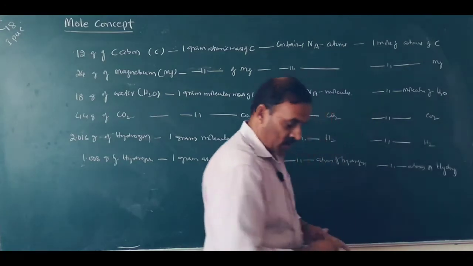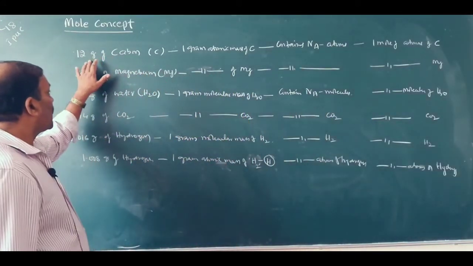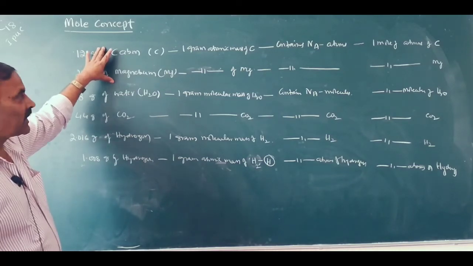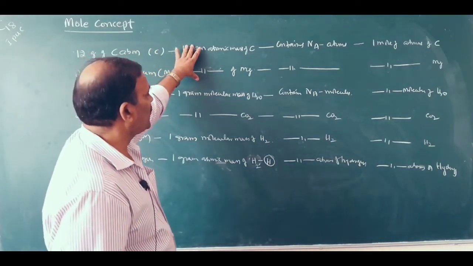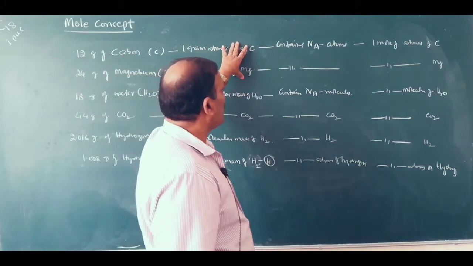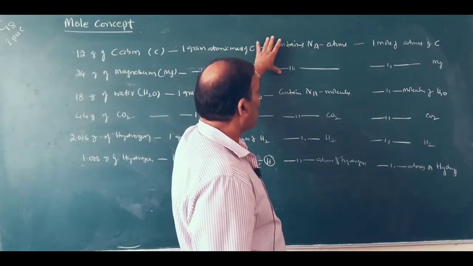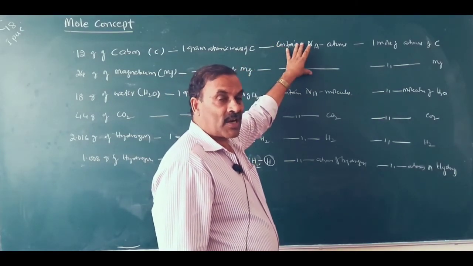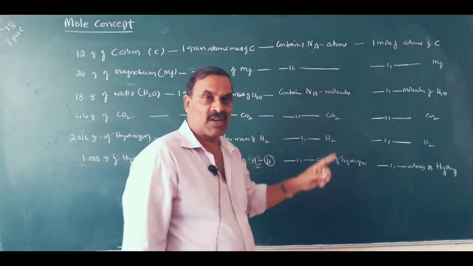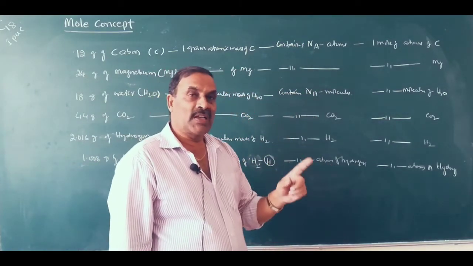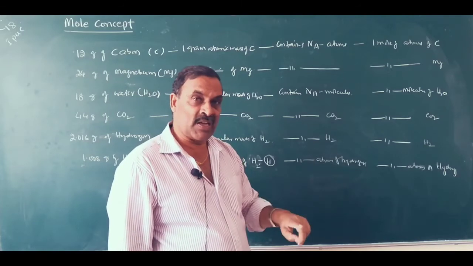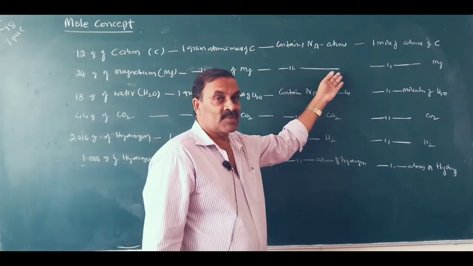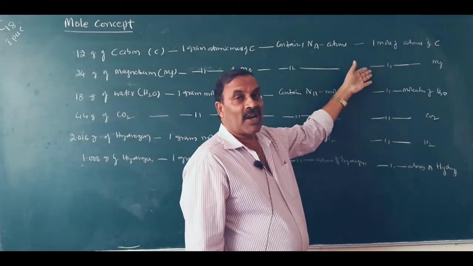So atomic mass expressed in grams is called gram atomic mass. 1 gram atomic mass of any element contains Avogadro number of atoms, and that amount of substance is called 1 mole of atoms.